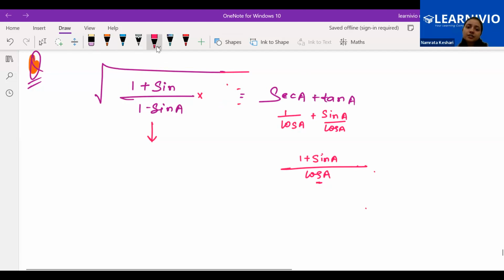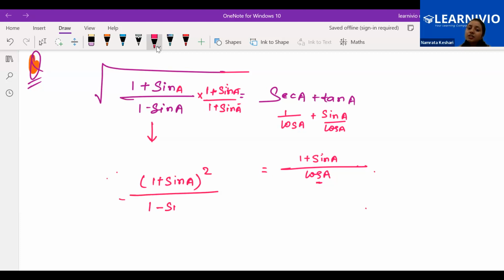We have 1 minus sine A, and we multiply with (1 plus sine A) by (1 plus sine A). What are we going to have? It seems like we'll be able to prove. Check it. Randomly we tried rationalization, and we can see here we have (1 plus sine A) whole square in the numerator, and in the denominator (1 minus sine square A), that too inside the root.